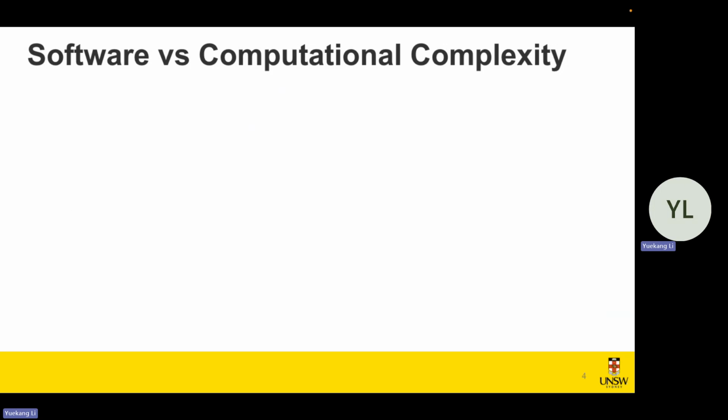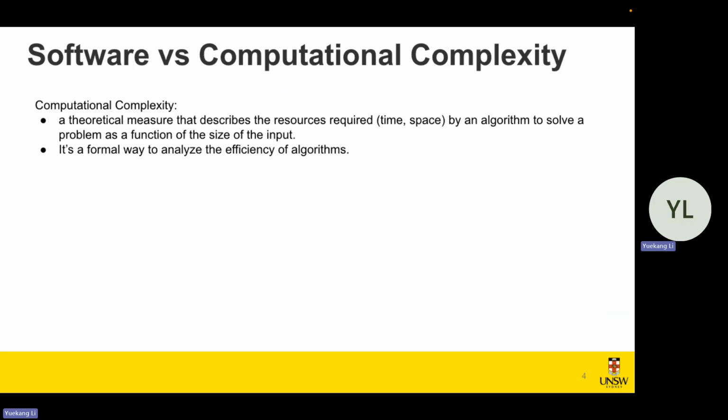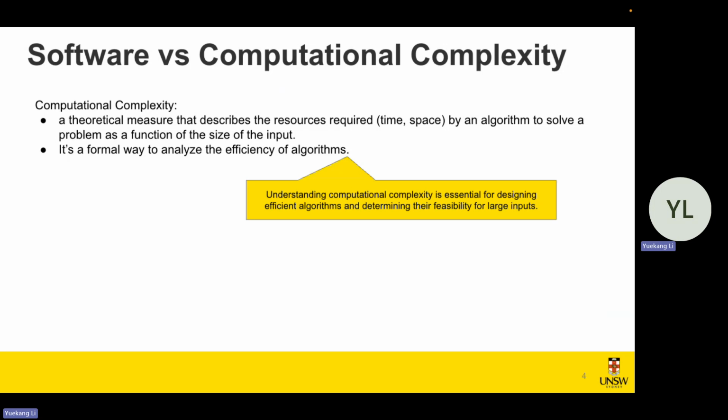So let's explore the differences between these two types of complexities further. Computational complexity is a theoretical measure of time or space consumption. It cares about the growth of the complexity according to the inputs, and is used for analyzing the efficiency of the algorithms.